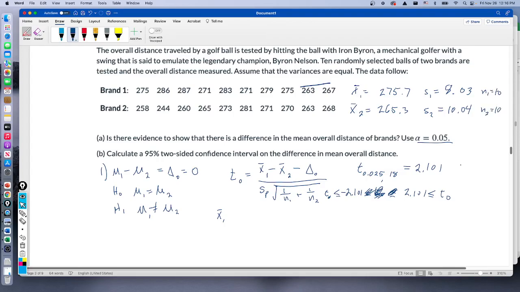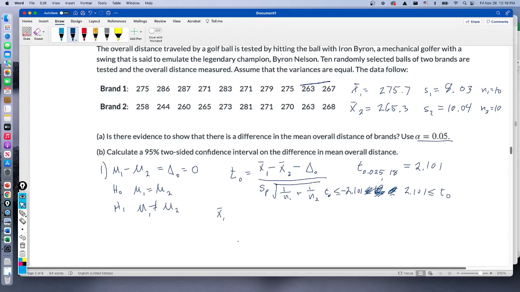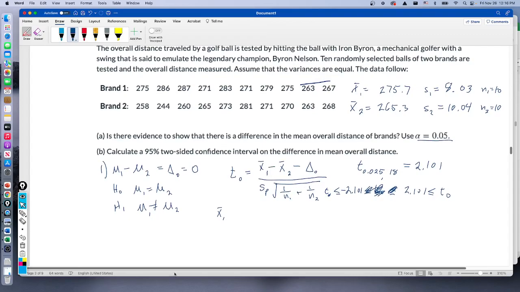Okay, and we need to calculate this pooled standard deviation.